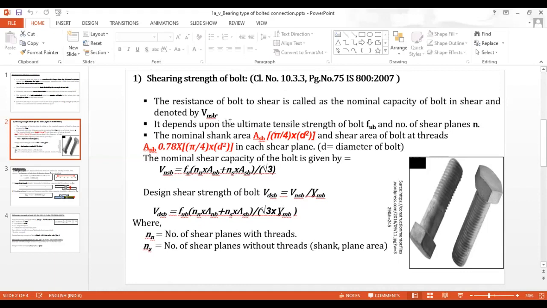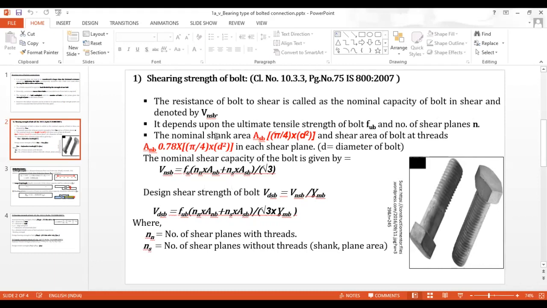It depends upon the ultimate tensile strength of the bolt denoted by f_ub, where u resembles ultimate tensile strength and b resembles the bolt, and the number of shear planes is given by n.